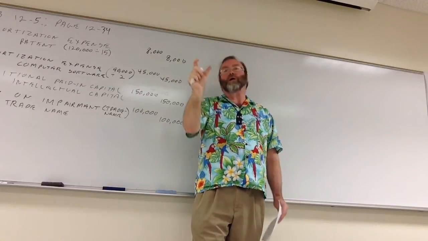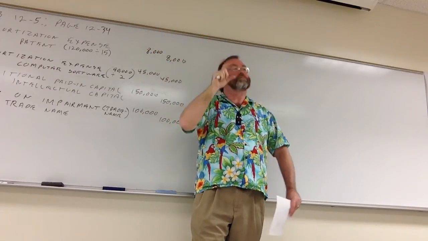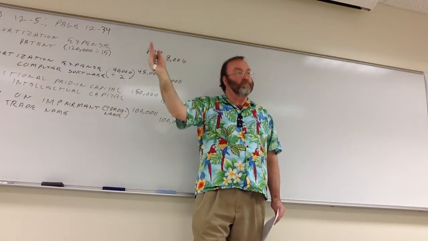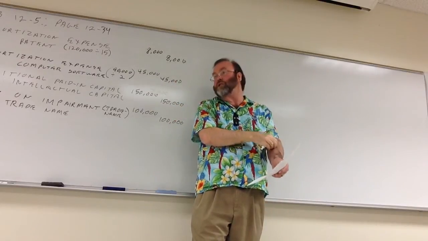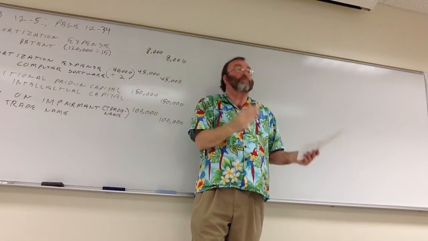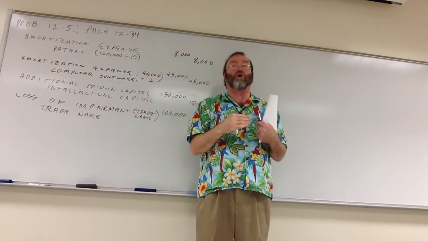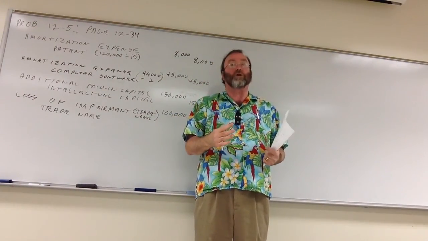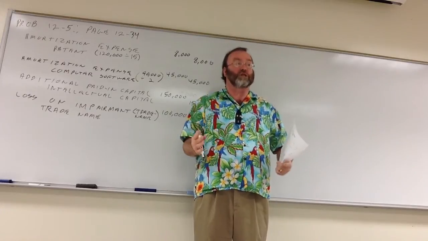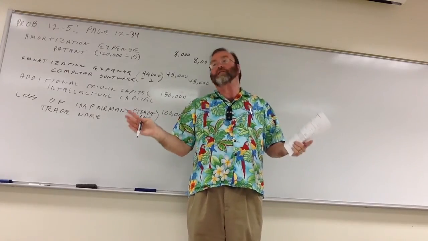So inventory gets stepped up, property, plant, and equipment gets stepped up, and any intangibles that they may have owned, maybe they've got a patent that they didn't have a value for, but you're placing a value on it during your calculation for the acquisition. So all of that gets calculated.